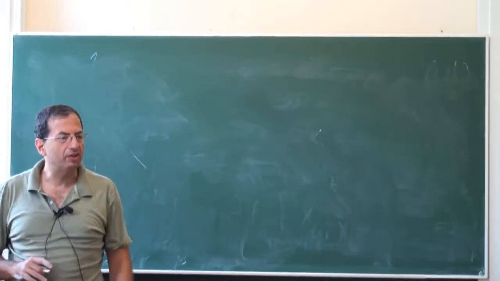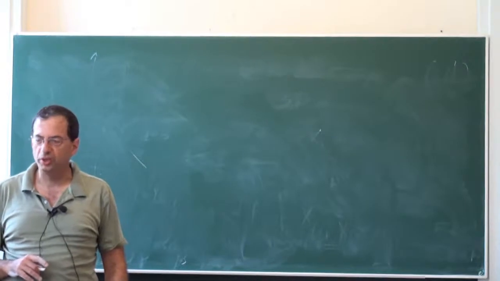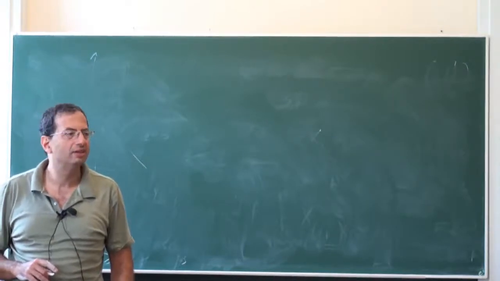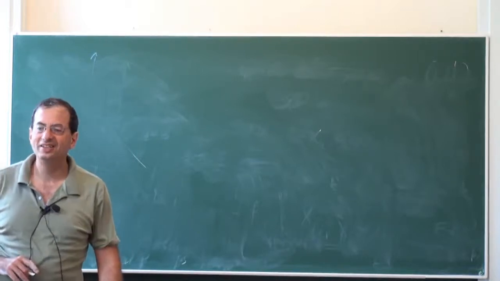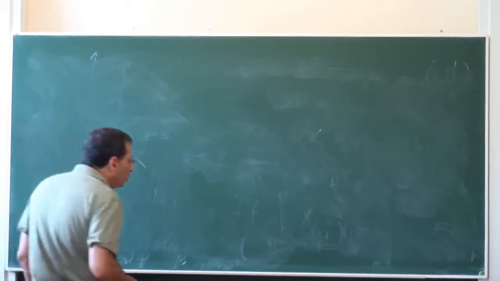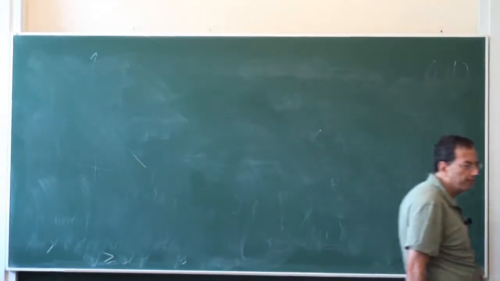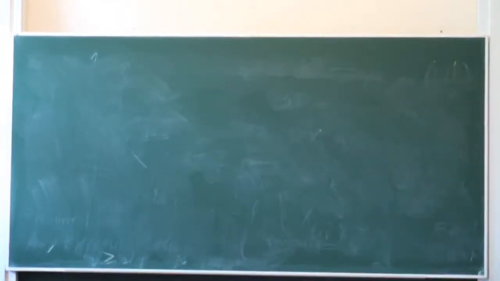What other methods do you know to show that random walk in Z3 is transient? It turns out this method of superharmonic functions, which is better known under the name of Lyapunov functions, is very effective, and it can be adapted to this setting. So let's go through this method.